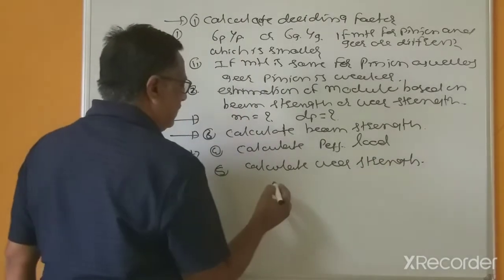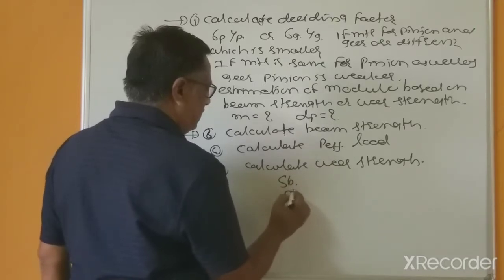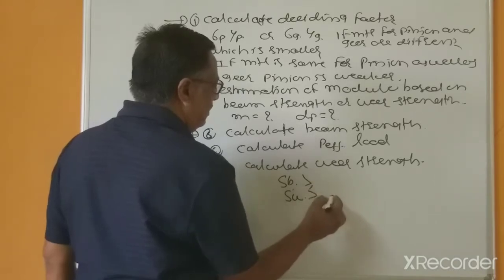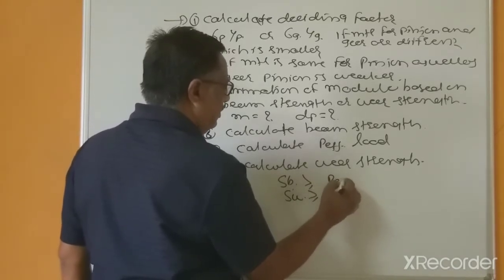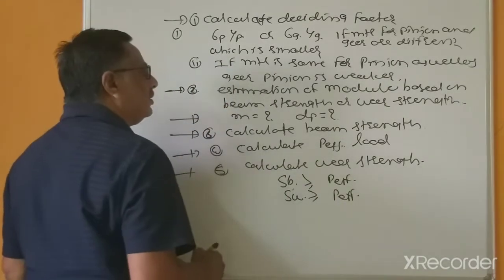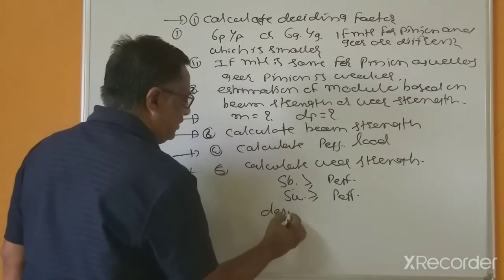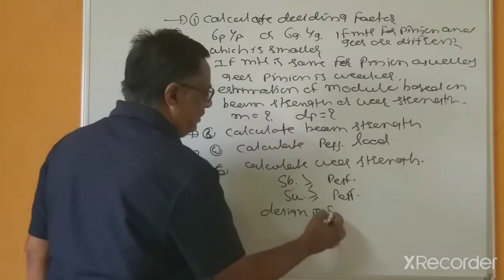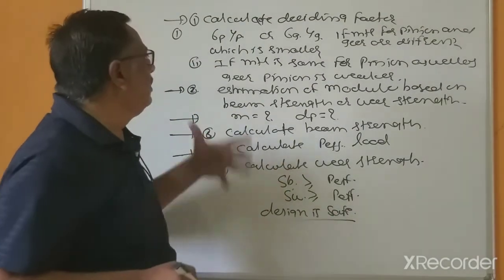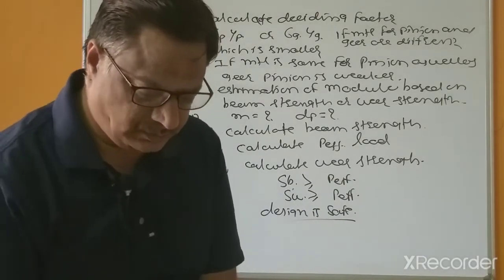Here SB and SW both should be greater than the effective load. Then you can say the design is safe. So this is the design procedure for spur gears.